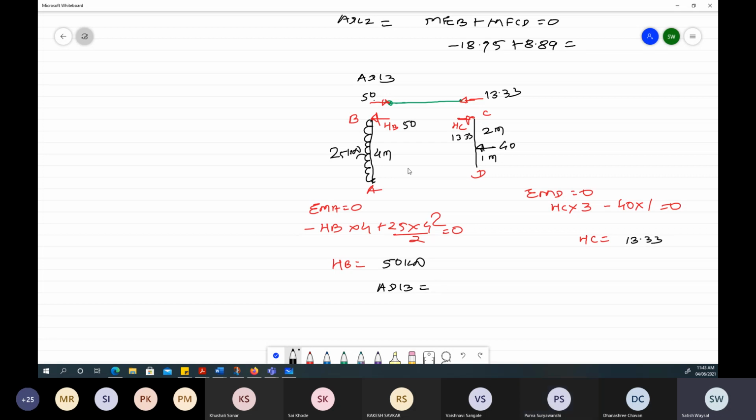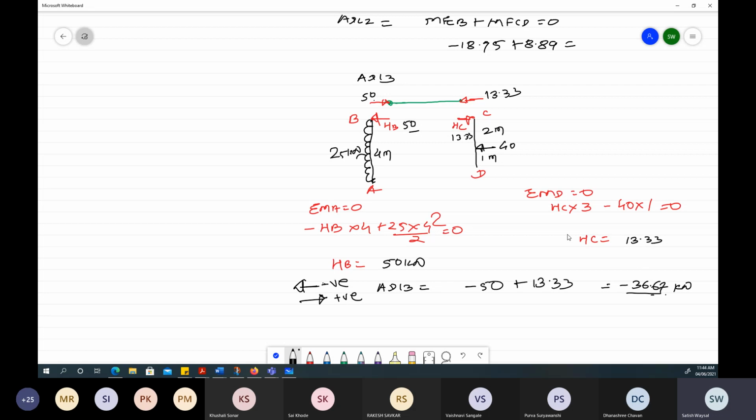ADL3 is equal to, see that this is in the direction, and this is the opposite direction. Suppose we considered negative at this HB, and this force we considered as positive. So this will be minus 50, and this HC is plus, so plus 13.33. This direction we have to look into the columns, not consider on this beam. Minus 15 plus 13.33, minus 36.67, in kilonewton.